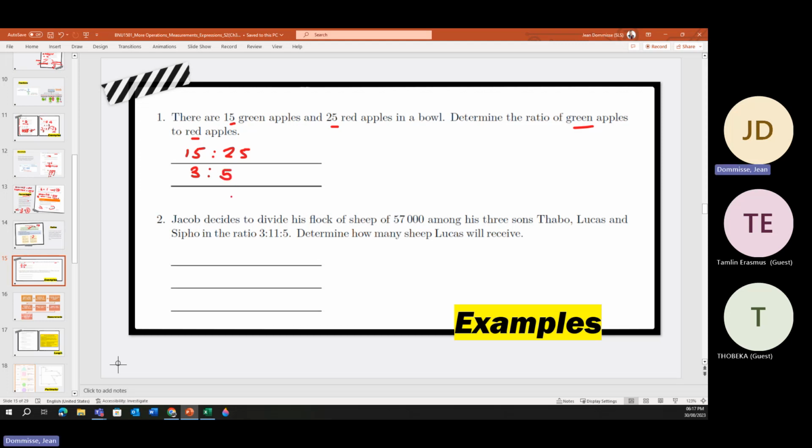Be careful with these questions, because they like to ask the ratio the other way around: determine the ratio of red to green apples.